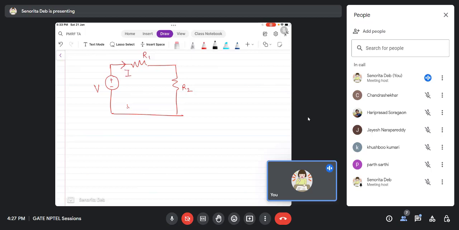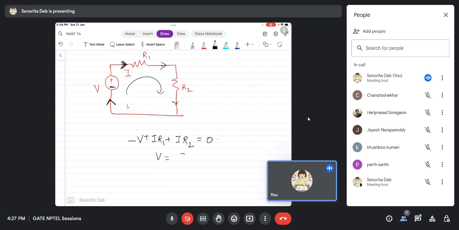The current I is going like this. So when current I enters the negative terminal, I write minus V. My direction of current is this. So plus I R1 plus I R2. The drop across a resistance is always positive. That is my convention. Equal to 0.